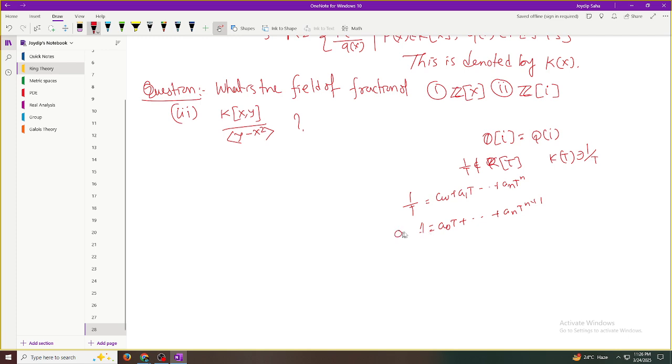So 0 equals that minus 1. Comparing this, you get 1 equals 0, a contradiction. So t is a free variable, so you can compare the coefficients. That is the definition of polynomial. But here is the relation i square equals minus 1, so you can check that Q[i] equals Q(i).